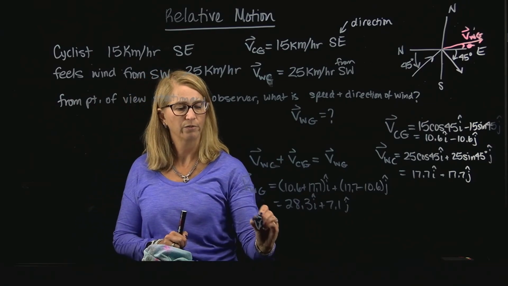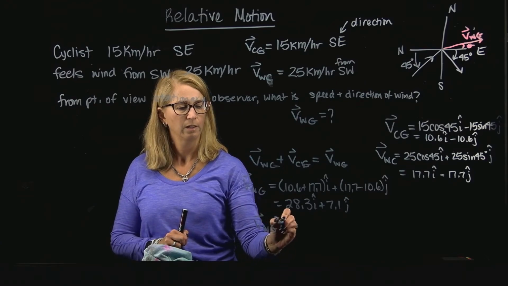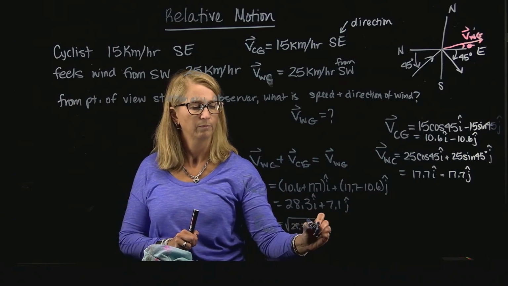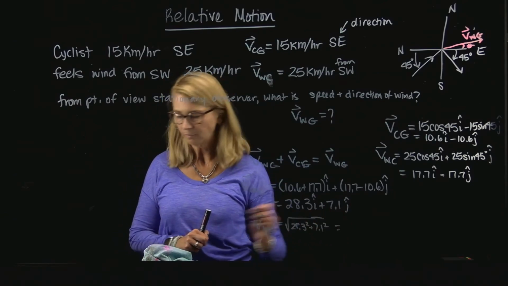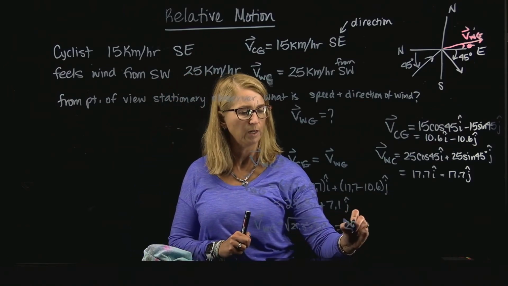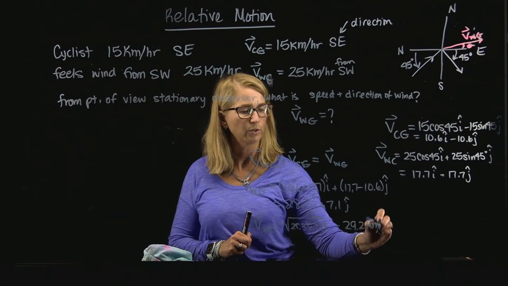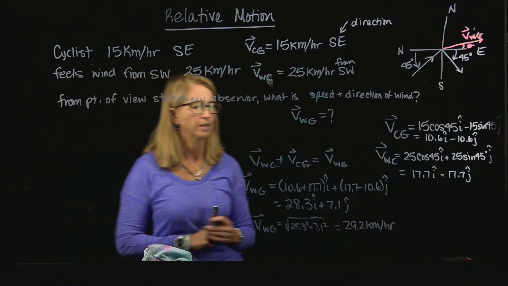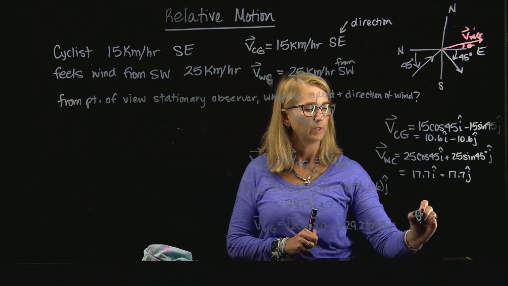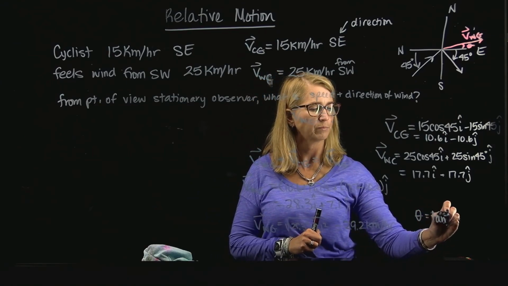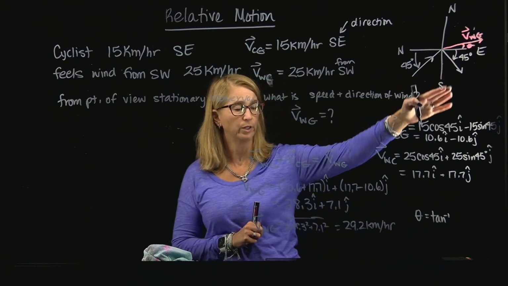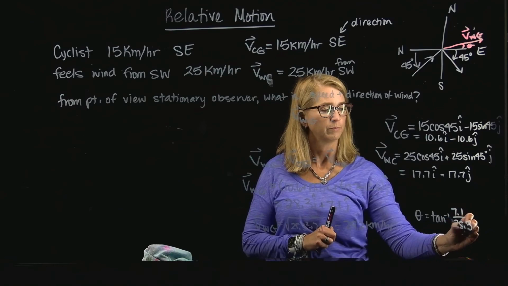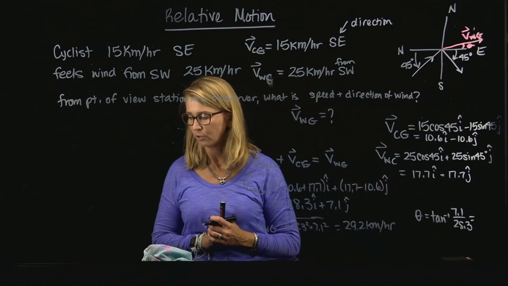The magnitude of this vector can be found by using the Pythagorean theorem, and I find it has a speed of 29.2 kilometers per hour. And then the angle is the angle whose tangent would be the y component over the x component.